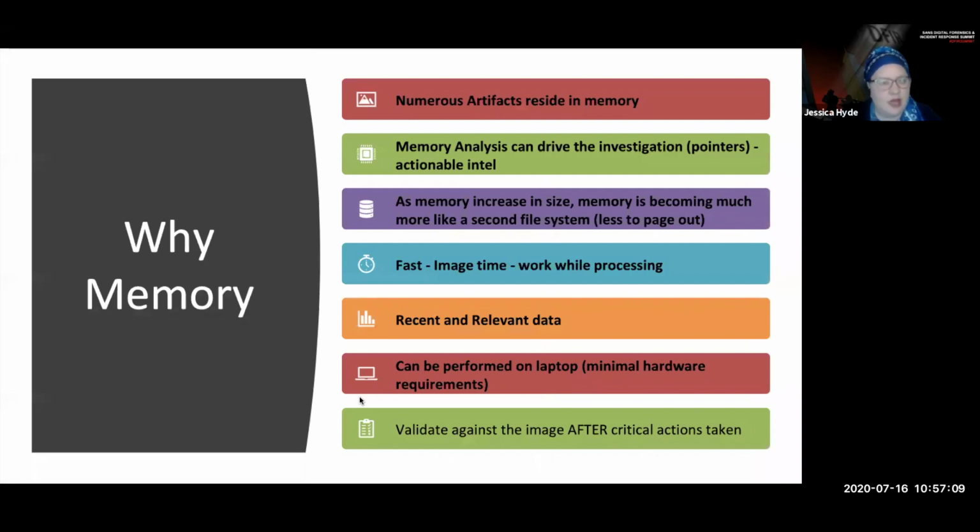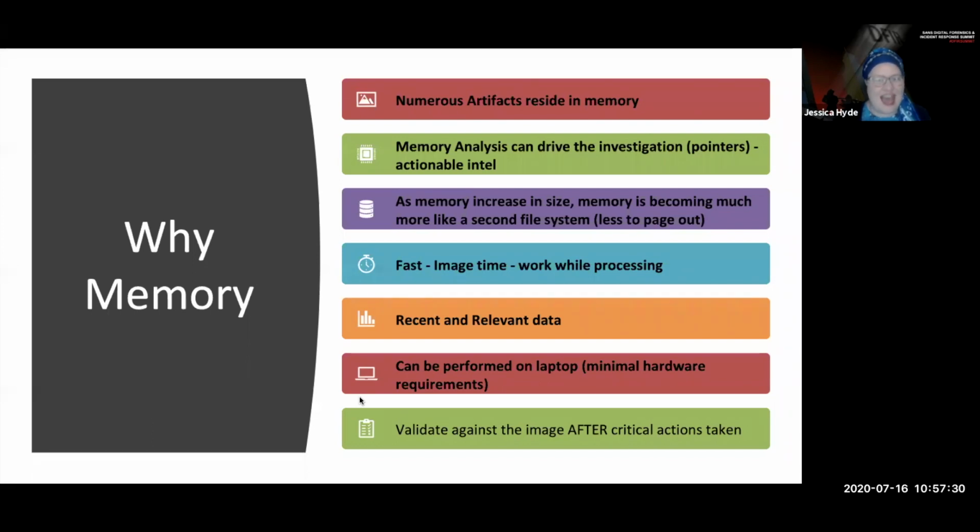And the reason that we want to get those things from memory instead of just disk is for several reasons. A, the data in memory is recent and relevant. You can do this with minimal hardware. You can use this more efficiently. As memory increases in size, so does computers. And sometimes it's just too much time to actually image and look at the computer.